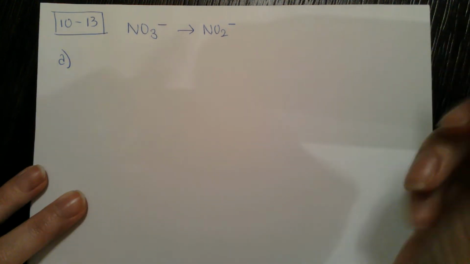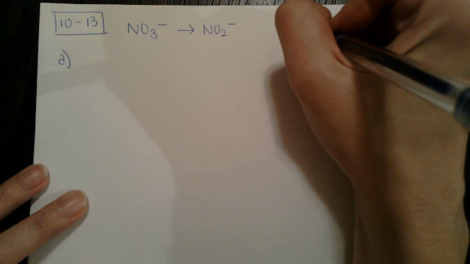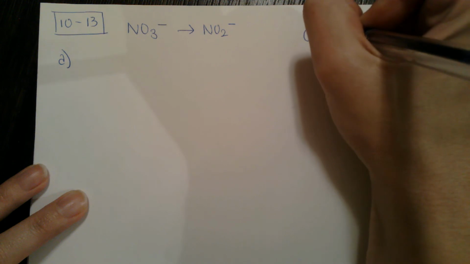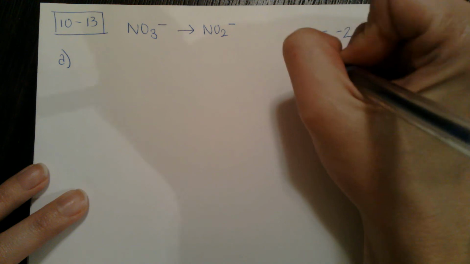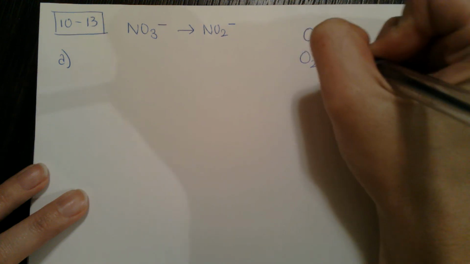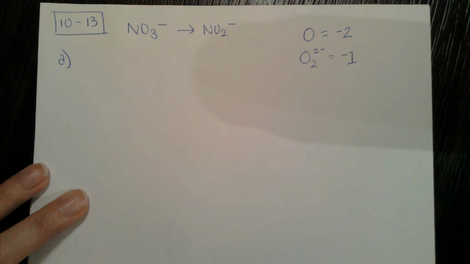So a couple of rules when determining oxidation numbers: oxygen is -2, unless it is in a peroxide. In a peroxide, so for example, a peroxide is O2 2-, the oxygen is -1. Okay.